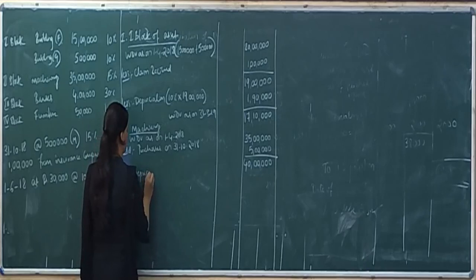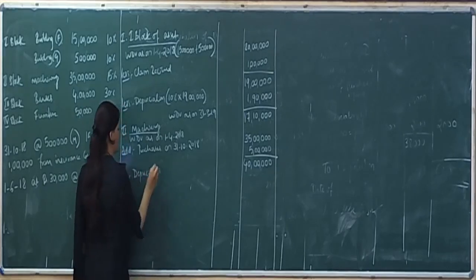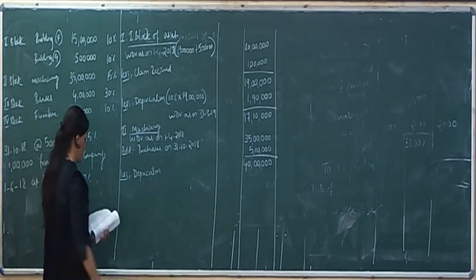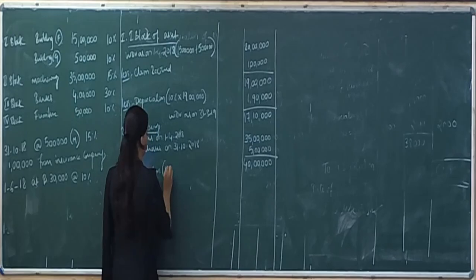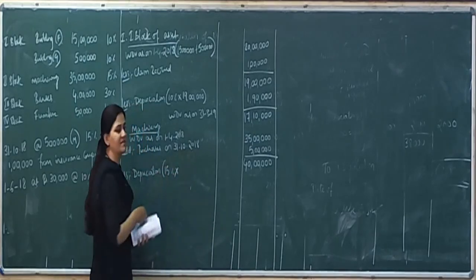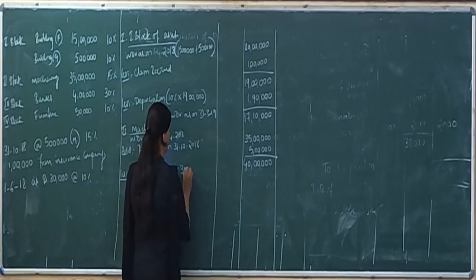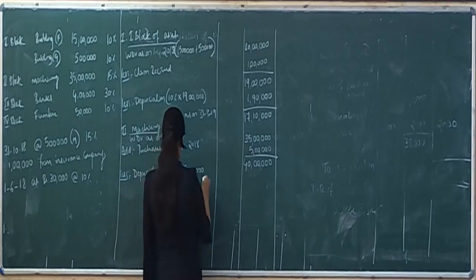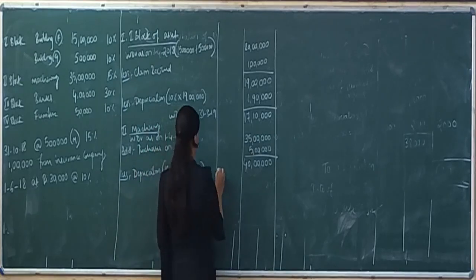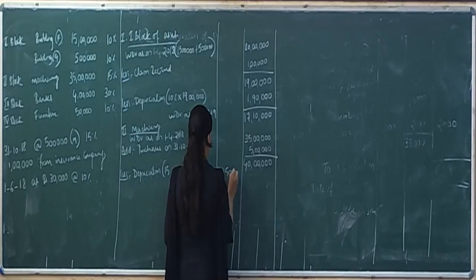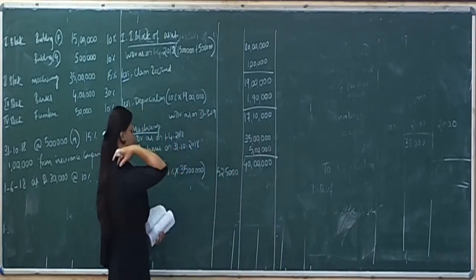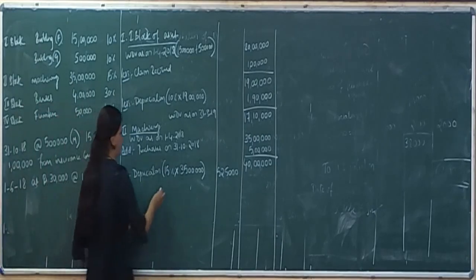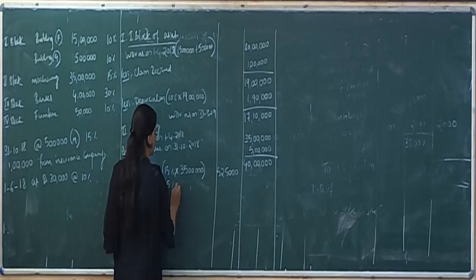Okay, so now on this we are going to charge the depreciation. Less depreciation. So here the rate of depreciation is 15%. So first 15% on 35 lakhs. Okay, so now the remaining, the second addition was made for 5 lakhs.